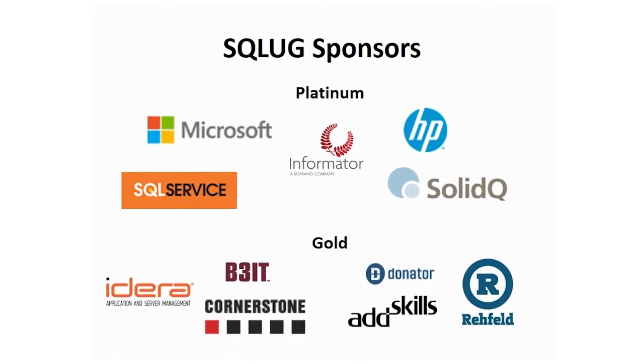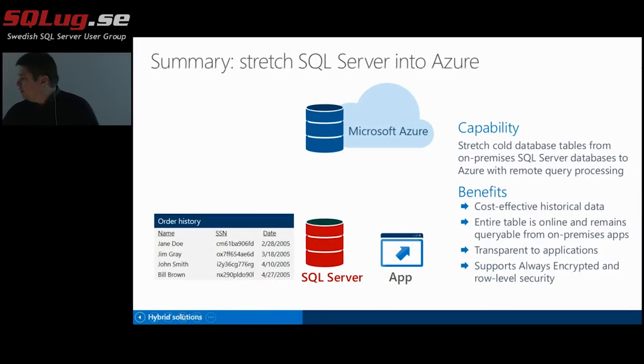Two more words about the stretch, because I forgot to tell you that this functionality works best with another functionality from SQL 16, called temporal tables. Temporal tables means that we have a pair of tables. One table, I call it the base table, has one version of each row. And if you change the row or add a new row, a historical version is created in the temporal part.